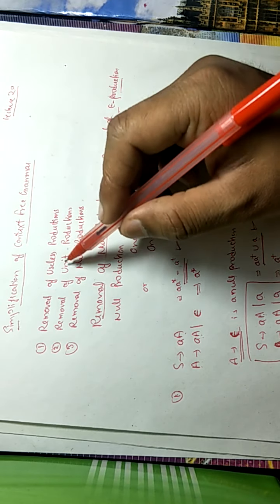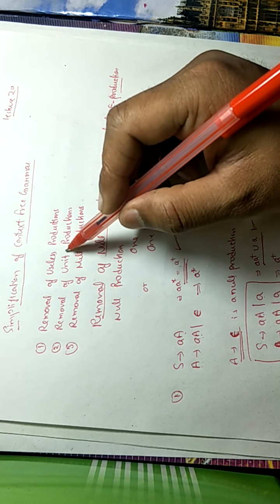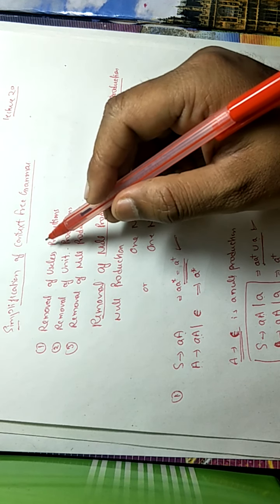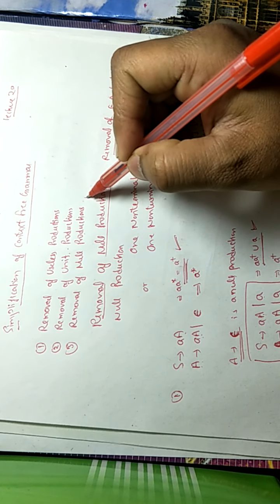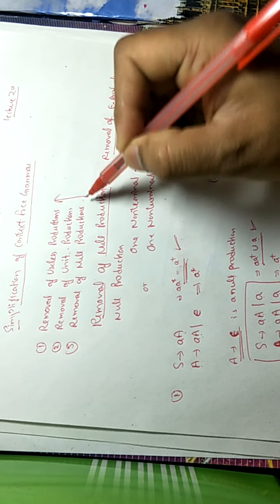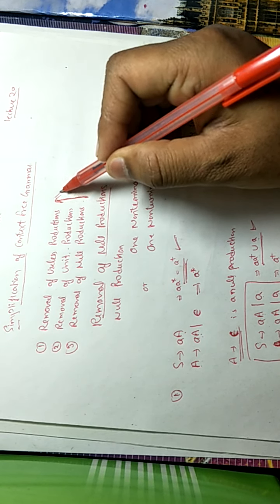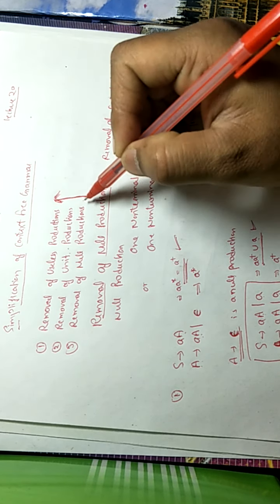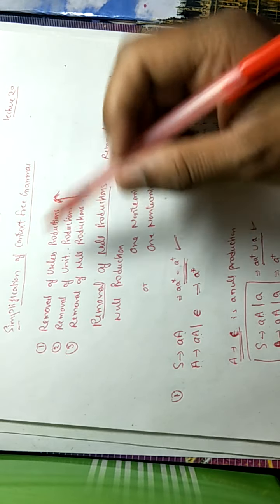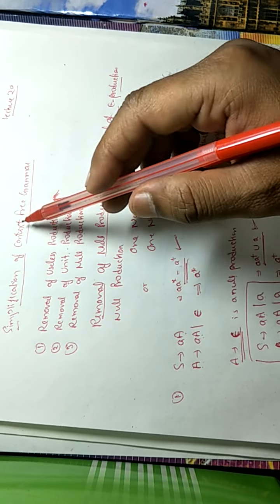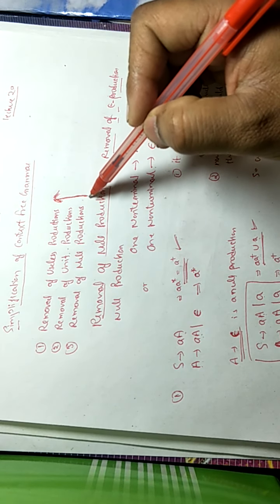Then we need to remove unit production, because after removing unit production we can get useless production. So the order should be followed in this way, from the null production to the useless production. So remember, when a question is asked for the simplification of context free grammar, you need to follow this order.